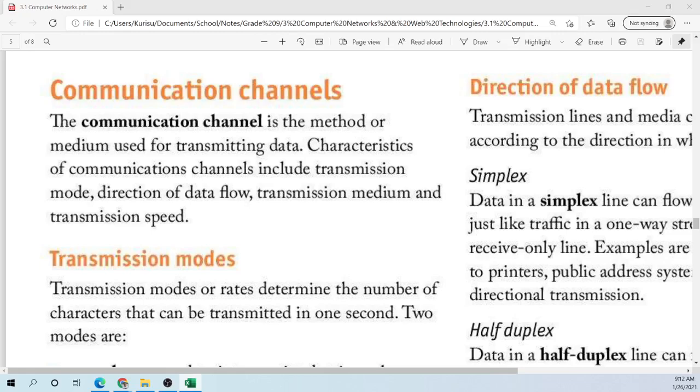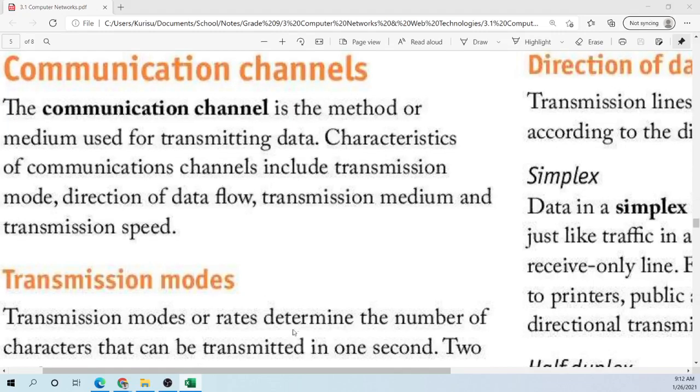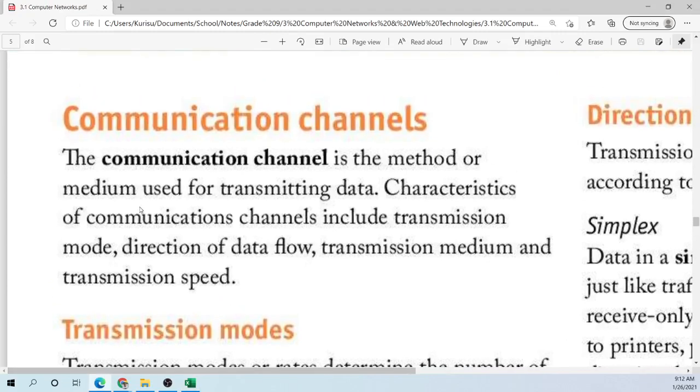Good. So this is a term that you should remember, communication channel. The communication channel is basically a method or a medium that is used to transmit the data. Is it Wi-Fi? Is it cables? Is it Bluetooth?